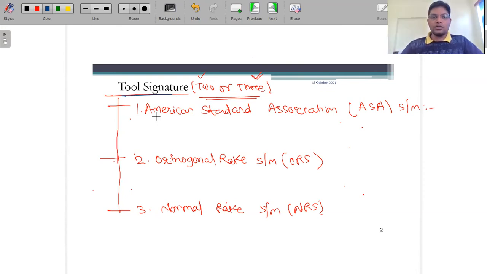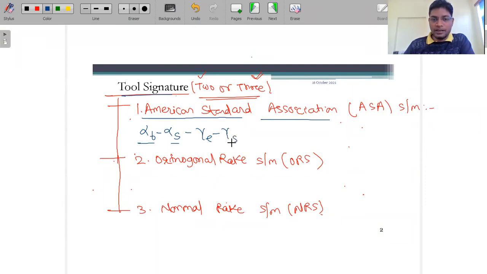If you see the American Standard Association, that is the ASA system, it follows the code like alpha B, alpha S, that is back rake angle, side rake angle, and gamma E, that is end clearance angle.